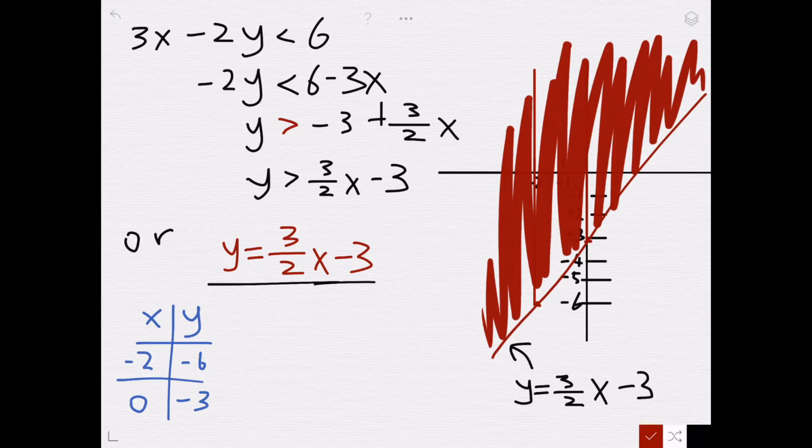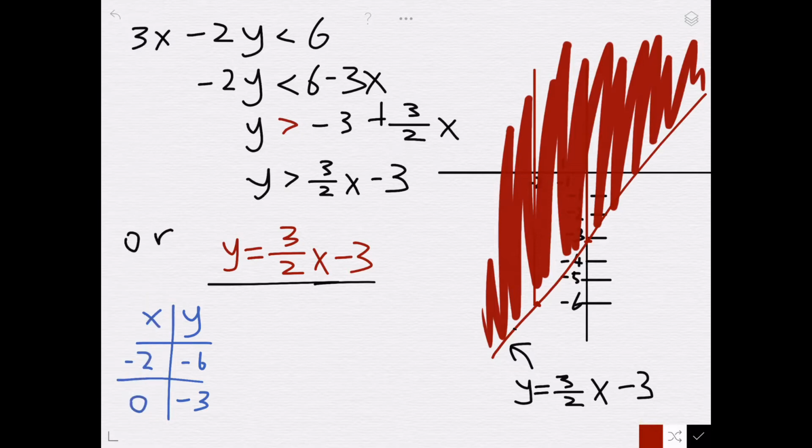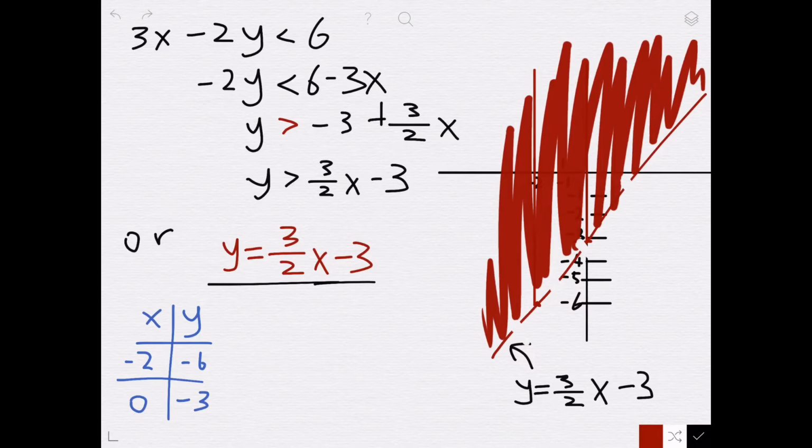It works for every point, if that makes sense. So I'm going to draw a dashed line instead of the straight line. If you have an equation like y is bigger than or equal to something, then you can use a straight line. But in this case, we are just going to draw a dashed line.